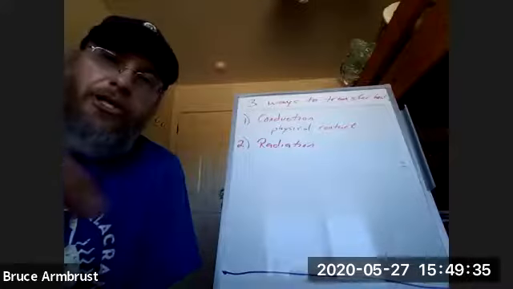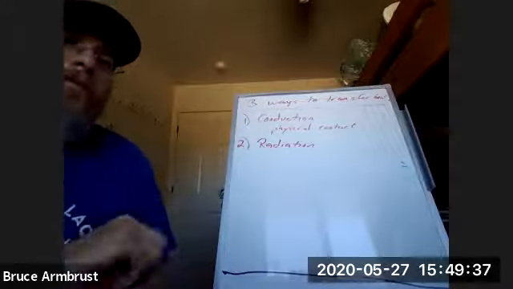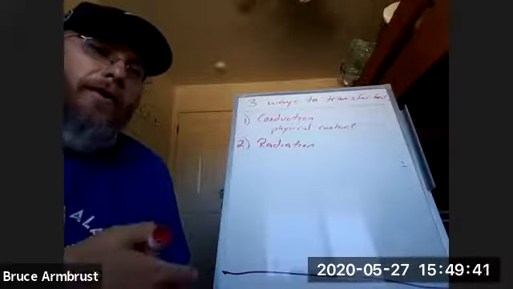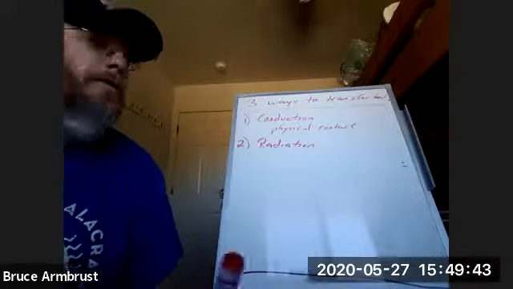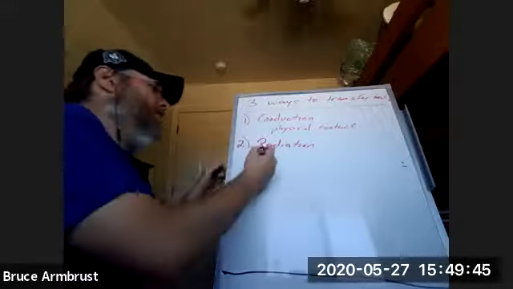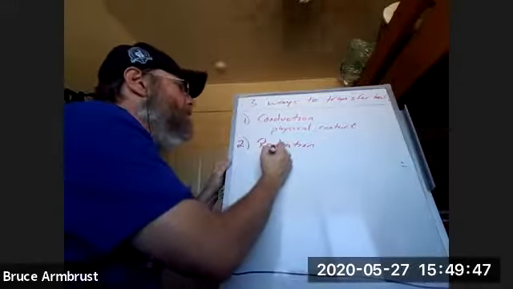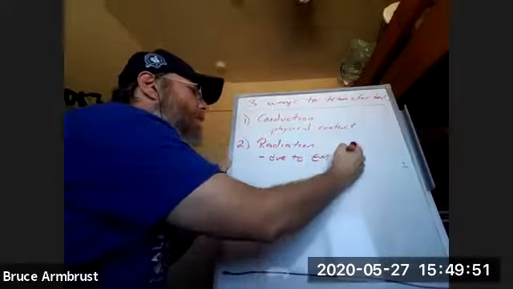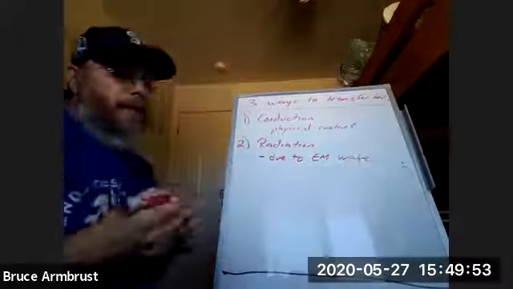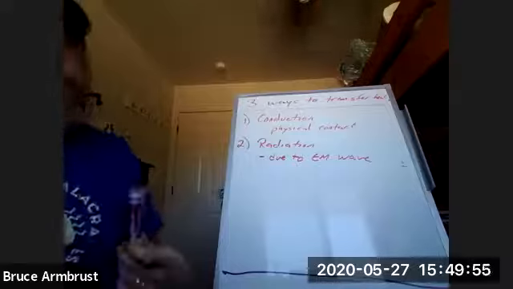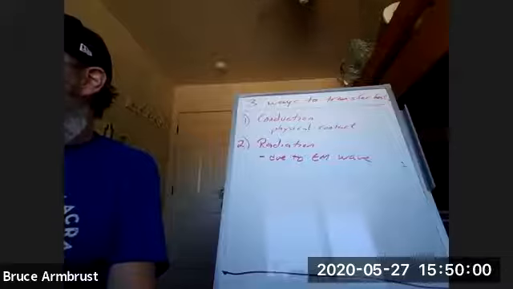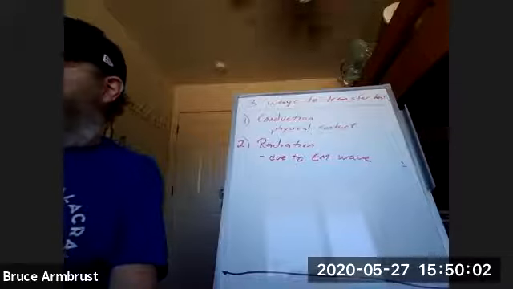But with radiation, what we're doing is sending energy by way of electromagnetic waves. So radiation is due to EM waves. So when I say electromagnetic light, you could just say light as an example of radiation.